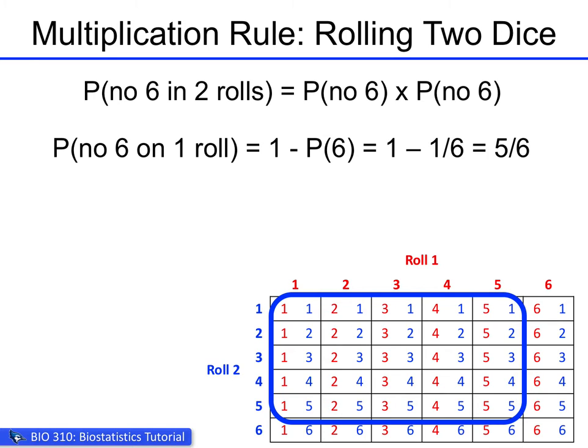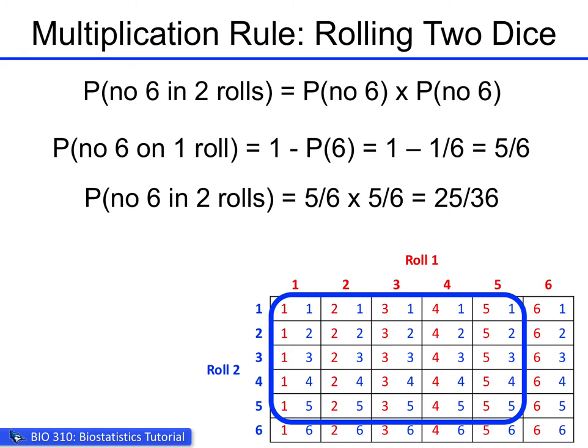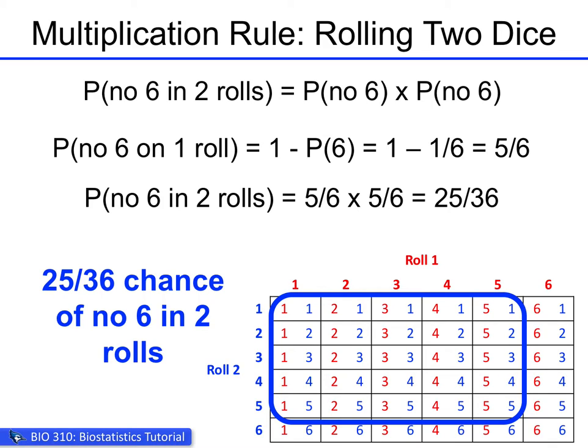So this probability is equal to 1 minus 1/6, or 5/6. Taking that back to our original equation, that's 5/6 times 5/6, or 25/36. So there's a 25/36 chance of getting no 6s at all in two rolls.